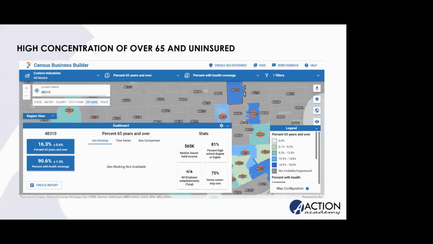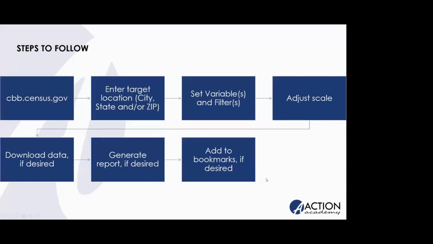I'm going to stop sharing that screen then and talk a little bit about our next example here. Let's visit our next case study. So again, we follow some similar steps.